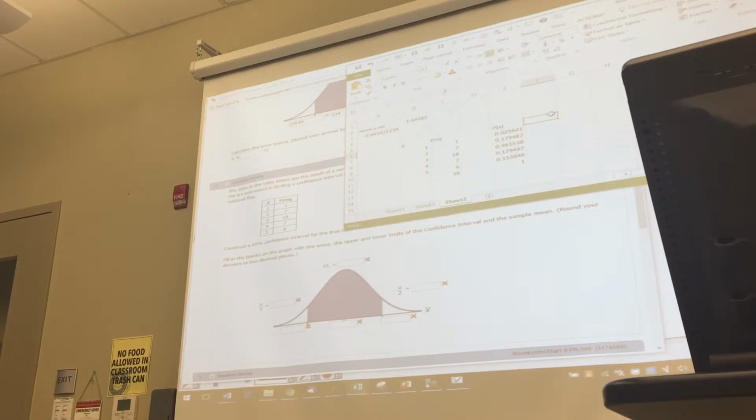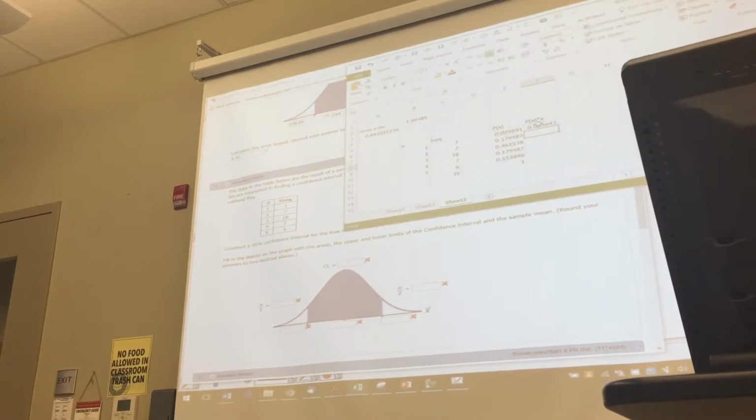What's my next column? We take the probability times the X, not the frequency, the X. So I take the X value times the probability.